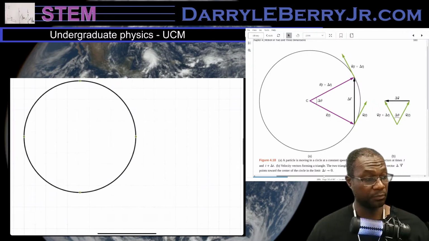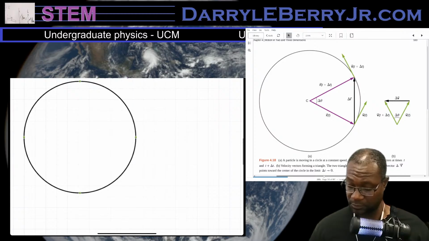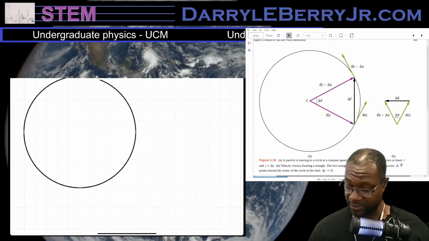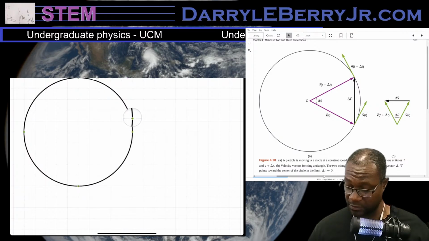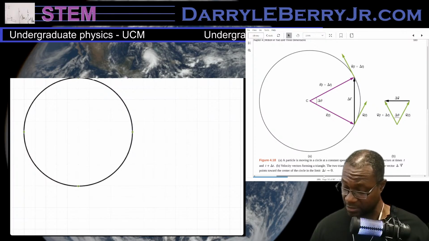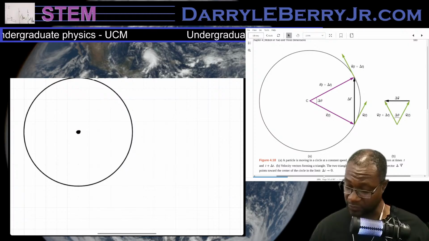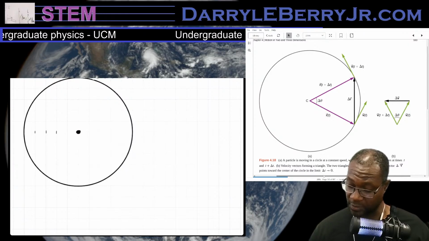So we have a circle, and I'll see if I can make this easily the center of the circle. The way I have this set up, it seems like this point is the center. I have 1, 2, 3, 4, 5, and the same on the other side. Maybe I should mark these.